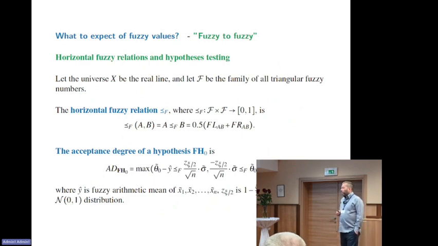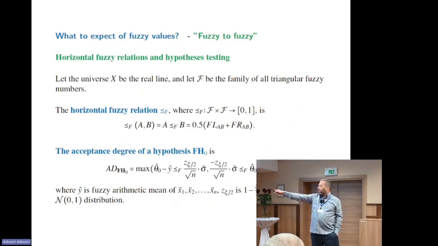And actually, the acceptance degree of a hypothesis is this F relation. So if our difference falls within the good part of the distribution, then it's okay. If it's on the other side, then it's not accepted. But if they overlap, we also multiply the dispersion, and we also have this set value from the quantile.